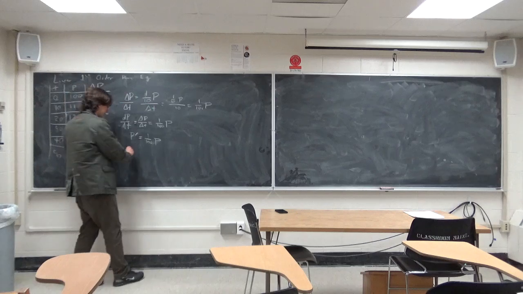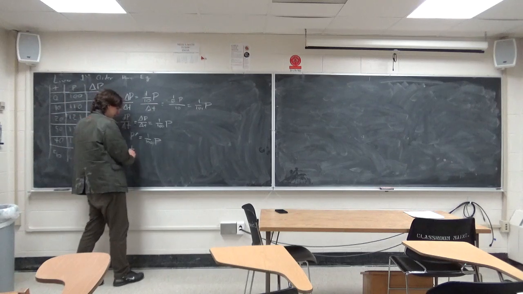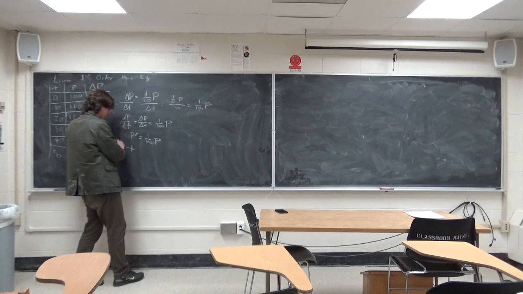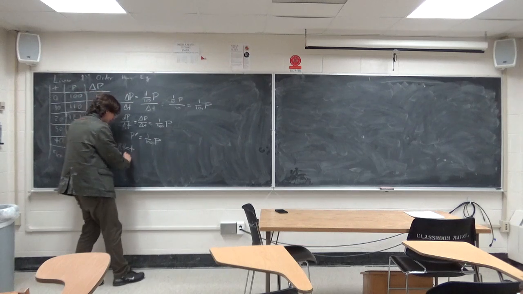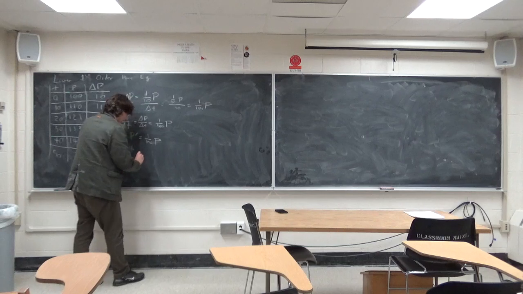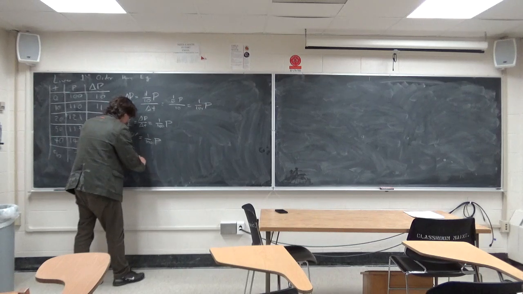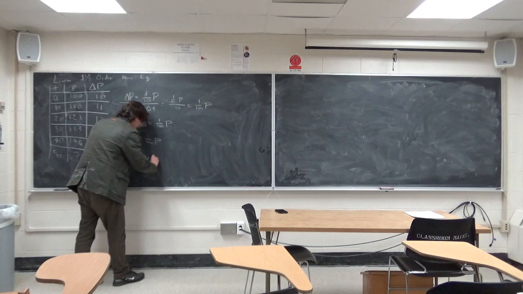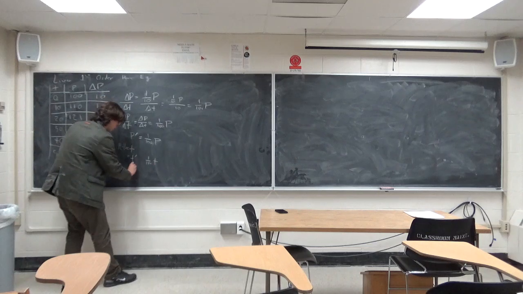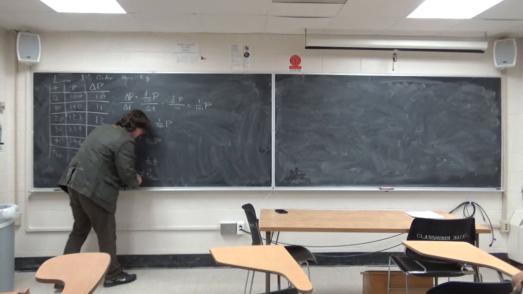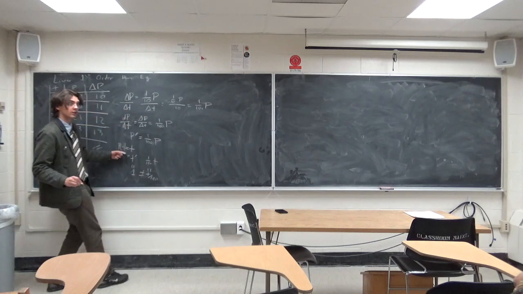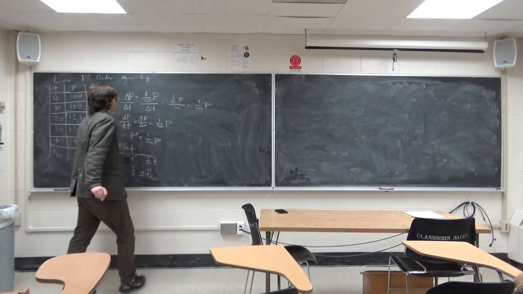If I try to replace p of t with t, what happens? I take the derivative and get 1 over here, and I get t over 100 there. These two functions do not equal, so this is not a solution.